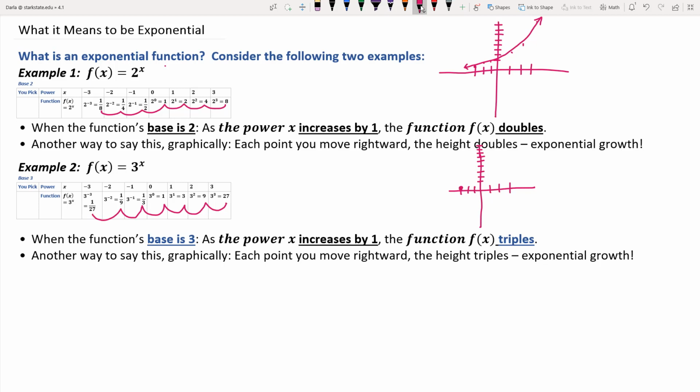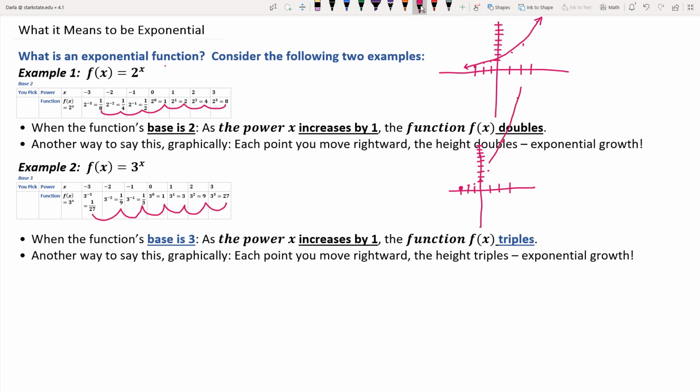When x is -2, you're at 1/9. When x is -1, you're at 1/3. When x is 0, you're at 1. When x is 1, you're at 3. When x is 2, you're at 9. And you can see that the growth is even more significant than the last example. When x is 3, you're at like 27, which is somewhere way up here.